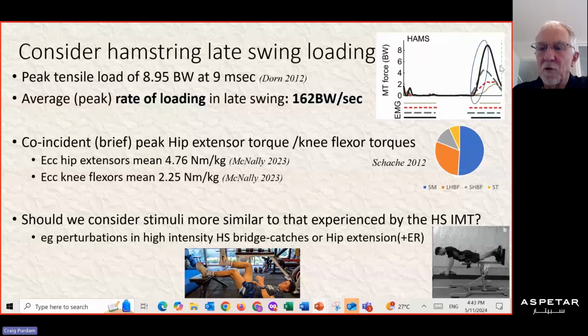In late swing phase, of course, over 50% of this comes from semimembranosus, about 30% from biceps short head and long head, and then semitendinosus. So should we consider stimuli that are more similar to what the hamstring is actually seeing, in biceps in particular, with its greater payout of length in this late swing phase? But these are very brief loads with a very high rate of loading. So things like perturbations of very high intensity in bridge catches, or can you do perturbations of hip extension?